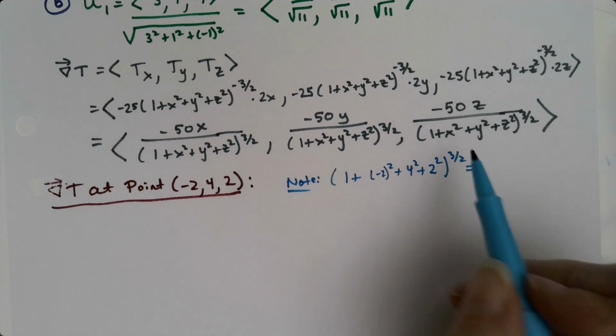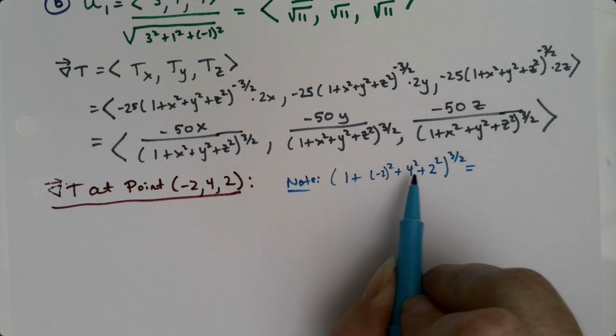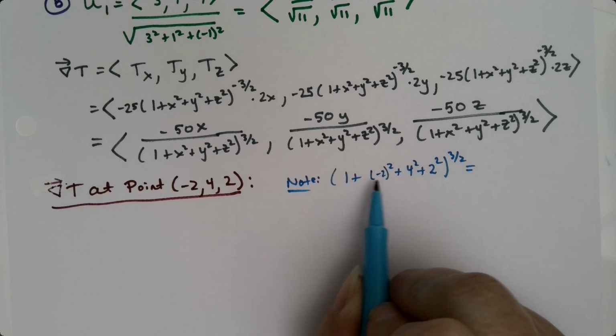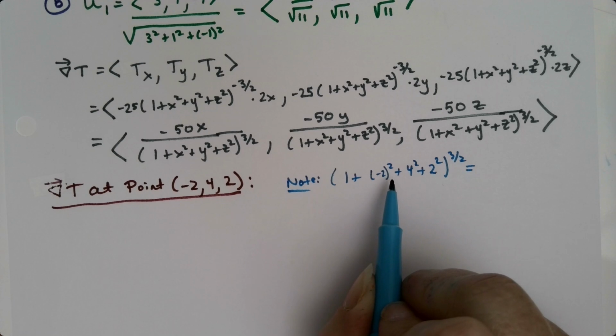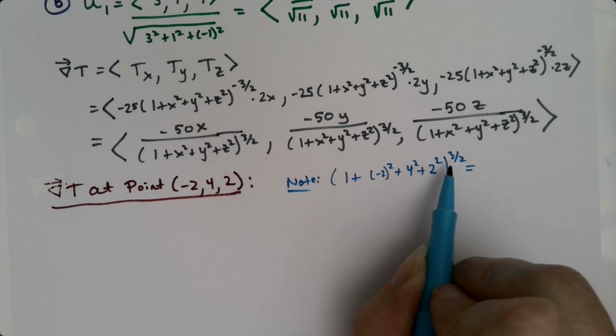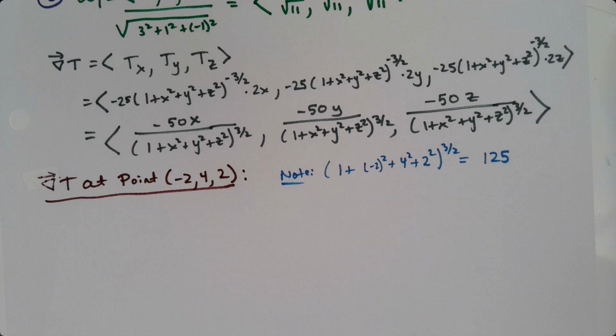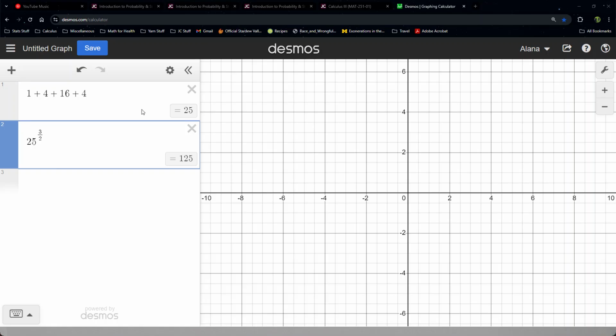I think we can find this. This is 4 and 4, so that's 8. 8 and 16, that's 25, right? And the square root of 25 is 5, and 5 to the third is 125. So this is 125. Just to confirm myself, I did it in Desmos. I can do it in Maple, of course, as well. So I'm indeed right. It is 125.